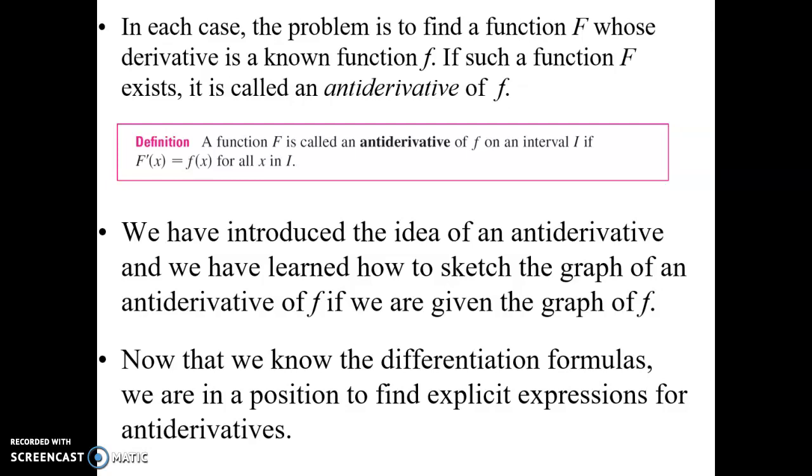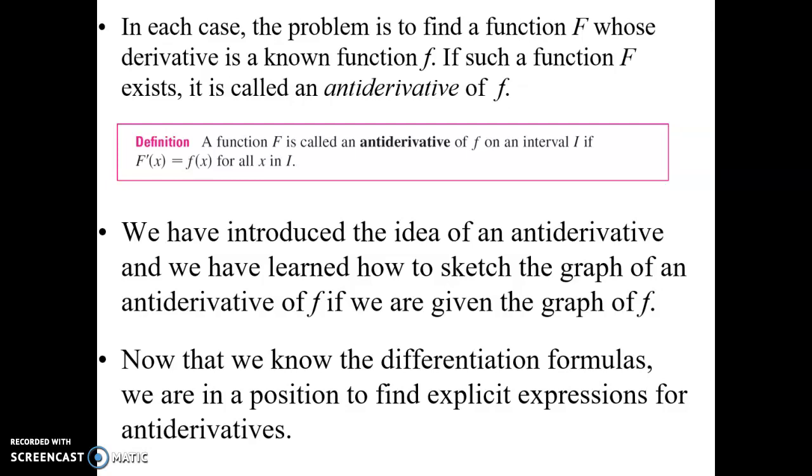A function capital F is called an antiderivative of a given function f on an interval I if capital F prime is equal to little f, in other words, little f is the derivative function of capital F, for all x in the given interval.